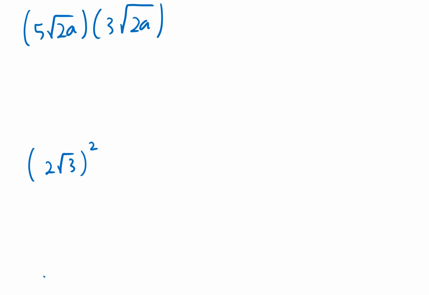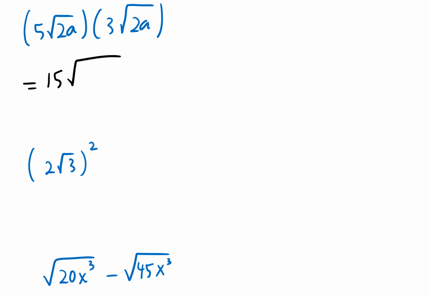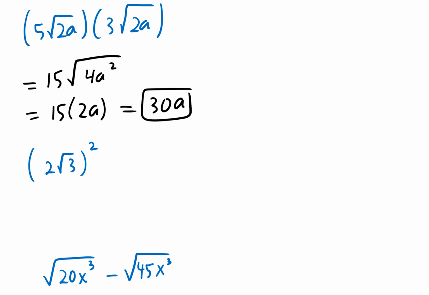And we're going to do square root of 20x cubed minus the square root of 45x cubed. What do we get for this one? We multiply the outer ones, 15 square root of 2a times 2a, 4a squared. But the 4a squared comes out as 2a. So that would give us 30a.